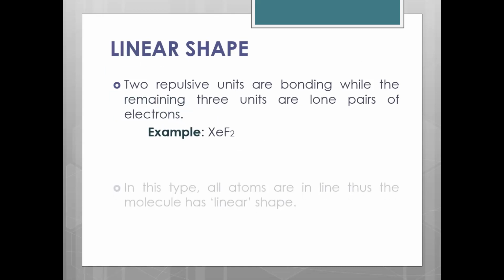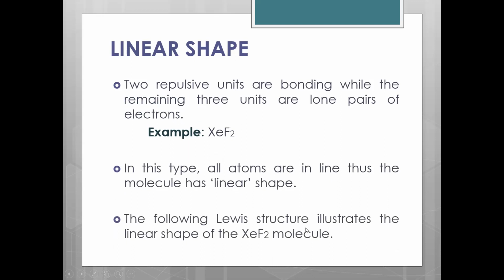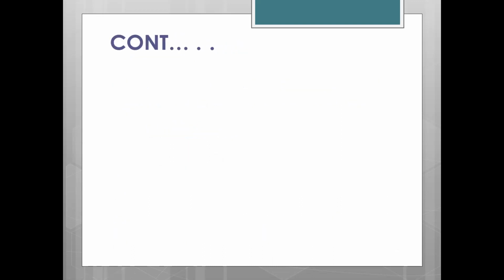XeF2. So all these atoms are in line. Thus, the molecule has the linear shape. The following Lewis structure illustrates the linear shape of XeF2. So I will draw and show you how XeF2 is arranged. Right? The xenon is here, okay?